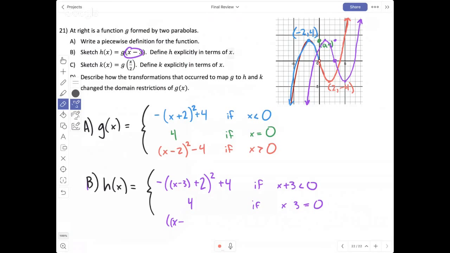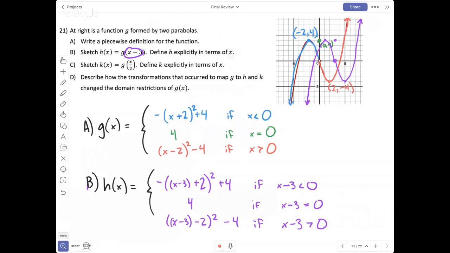I must be tired. X minus 3. X minus 3. X minus 3. And this time it's minus 2 squared and minus 4 if, and I'm going to put in here x minus 3 is greater than 0.